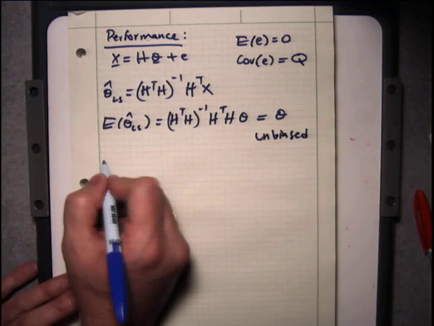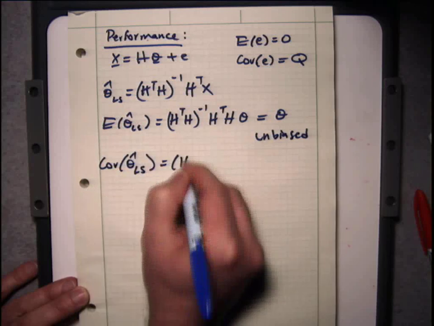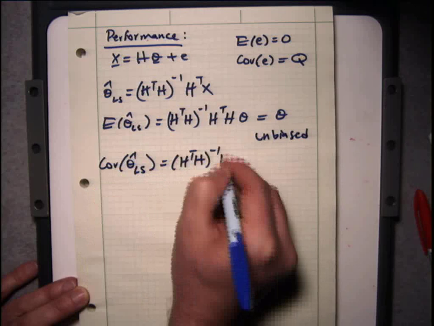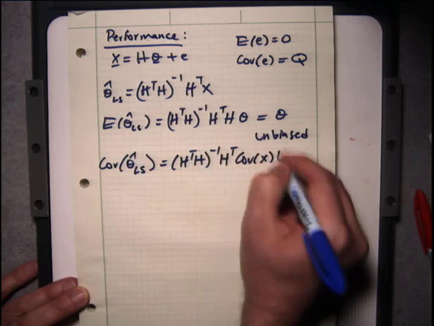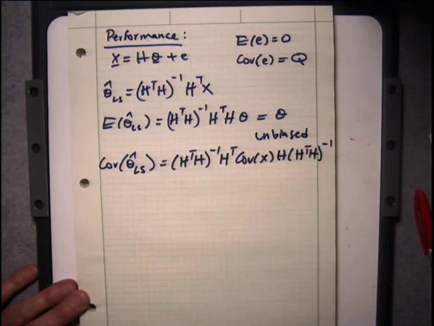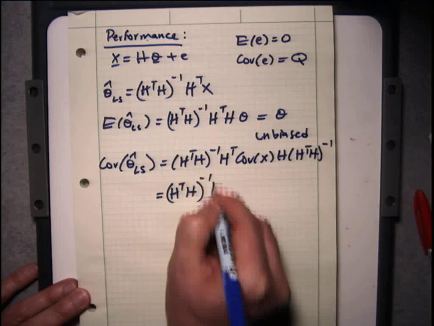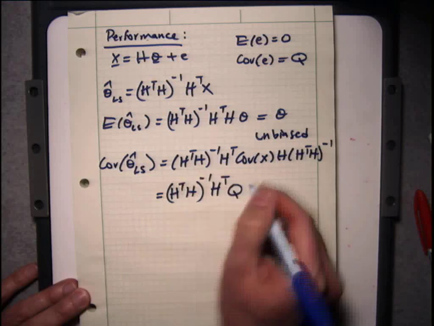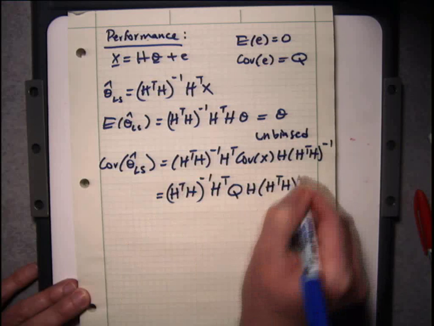The covariance of the least squares estimate is (H transpose H) inverse H transpose times the covariance of X times H (H transpose H) inverse. So this simplifies to (H transpose H) inverse H transpose Q H (H transpose H) inverse.